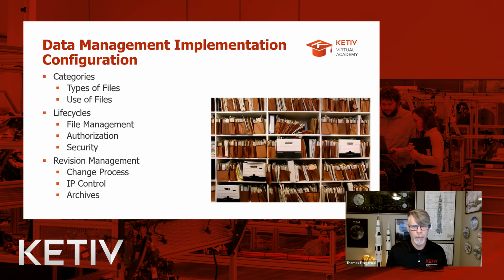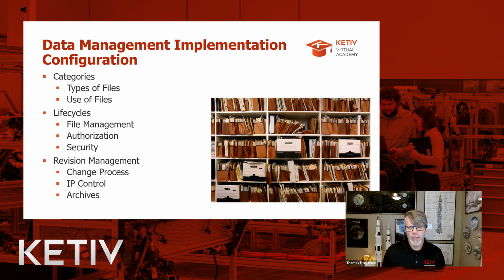Who has authority over that? Who needs to check files? Who needs to approve files? Who needs to release those files? What kind of security is involved with those? Do the people that check the files also edit those files, or is it a read-only type of role? Understanding how people are interacting with that information is going to directly correlate to how we define our life cycles as well.